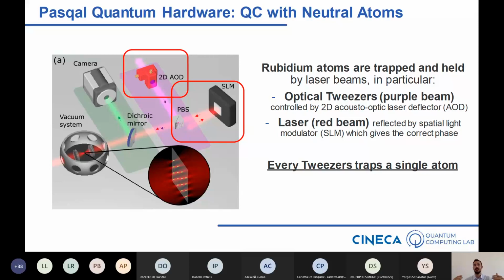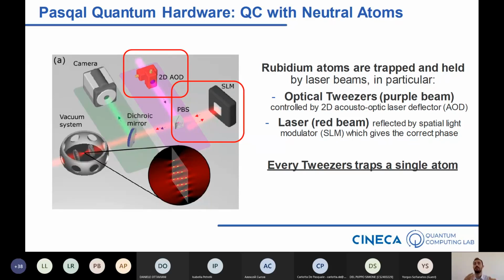So basically, the tweezers are lasers, and due to some physical concept, they are able to trap atoms in the center of the laser. The intensity of the laser is something like a Gaussian.